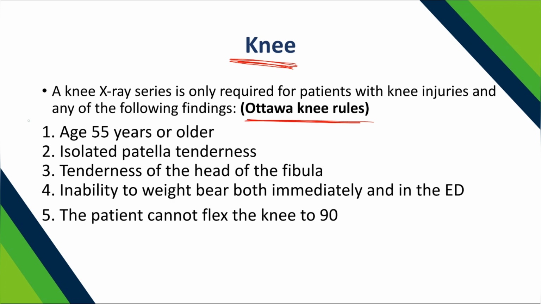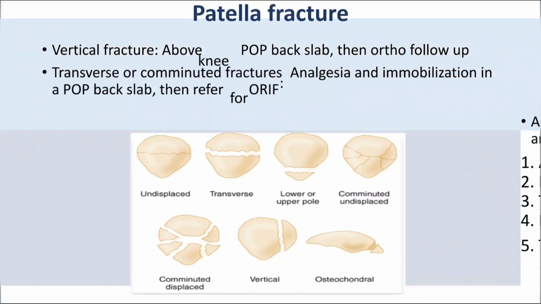If the patient has knee pain and age more than 55, or isolated tenderness over the patella, or tenderness over the head of the fibula, which is located externally or laterally, or inability to bear weight for at least 4 steps, both immediately and in the emergency department, or if the patient cannot flex the knee to 90 degrees, then you have to do an X-ray.